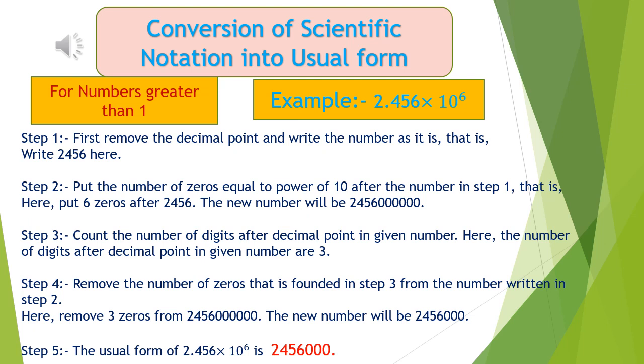It means you will remove 3 zeros from the number written in step 2. So, your new number will be 2456000. So, the usual form of 2.456 multiplied by 10 raised to the power 6 will be 2456000. See how easy the conversion is.